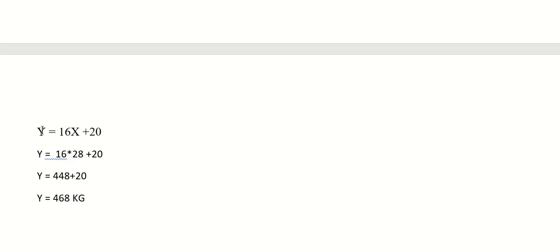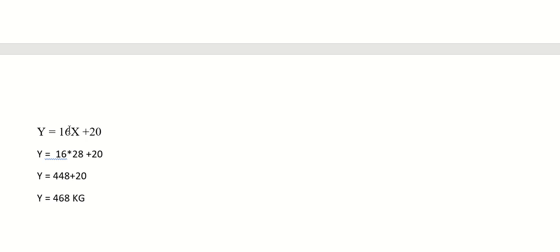I'll just show you. For example, this is the regression equation we have, right? And if we have the value of x, for example, the line is y equals 16x plus 20, and we put the value of x in the equation, then y can be calculated.